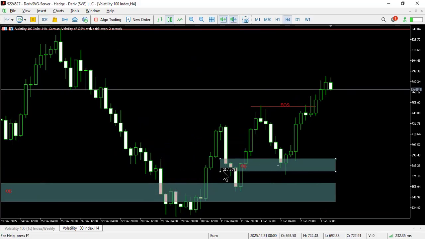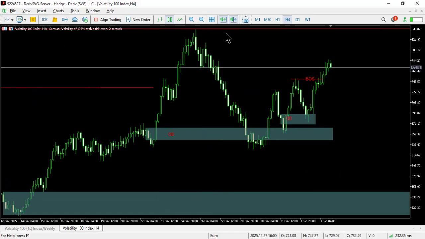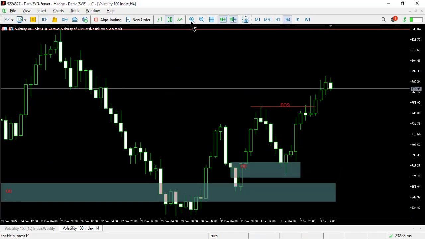As this price action already played out, you only work with the recent structures. As we can see, that is our recent break of structure. And then the order block which caused that break of structure from the 4 hours time frame, that is the order block.